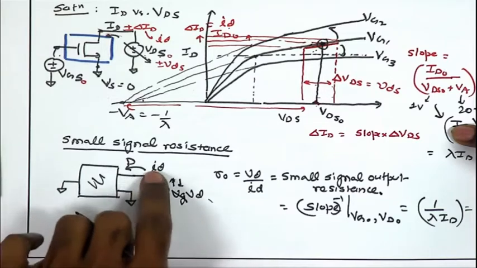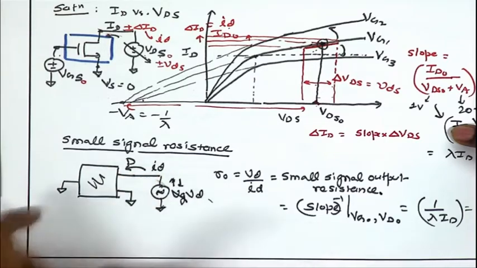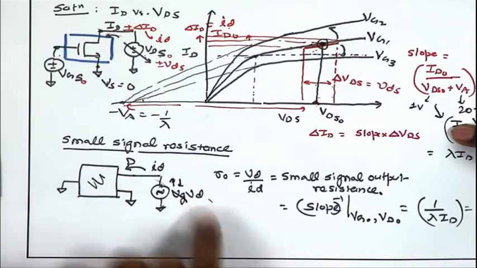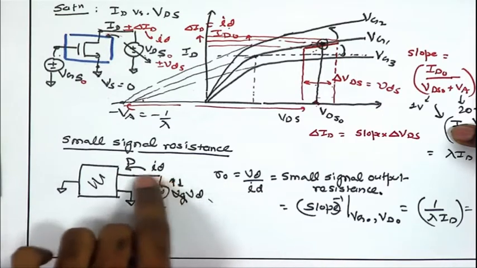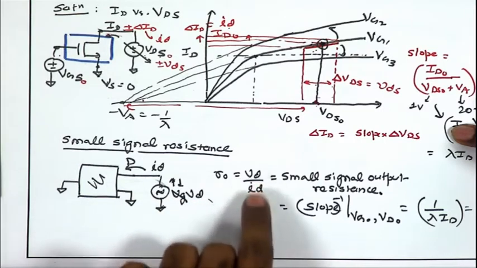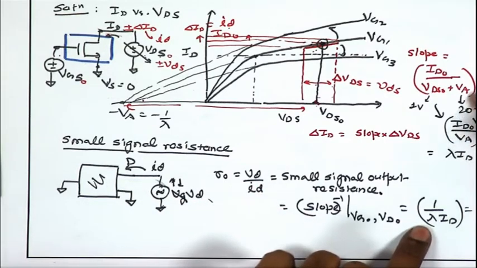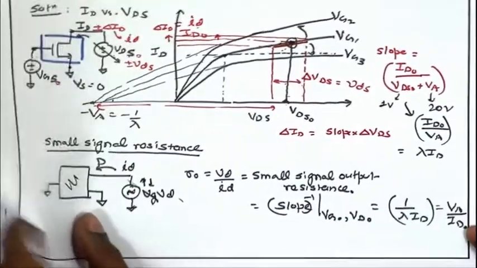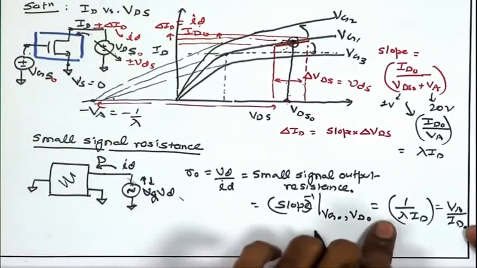We are looking at just the third terminal and trying to find out, if at this terminal I apply a small signal VD, what is the small signal ID flowing into the drain terminal of the MOSFET. That gives us the small signal resistance, and we have seen from the curve as well as from the equation that it is equal to the inverse of the slope, which is 1 upon lambda ID.